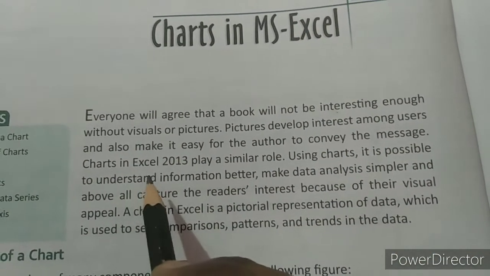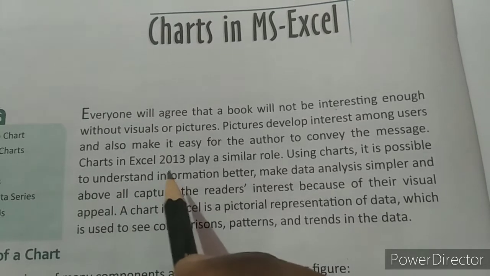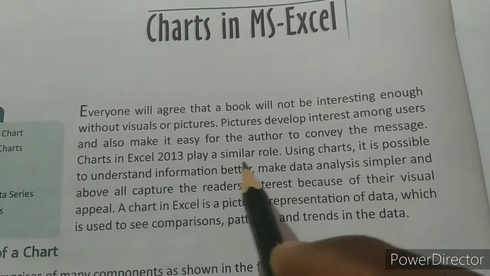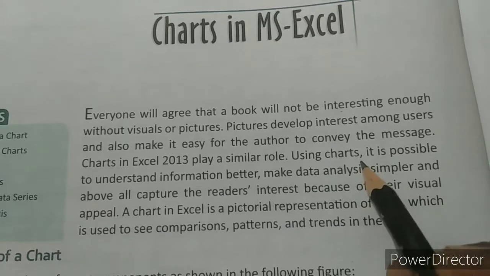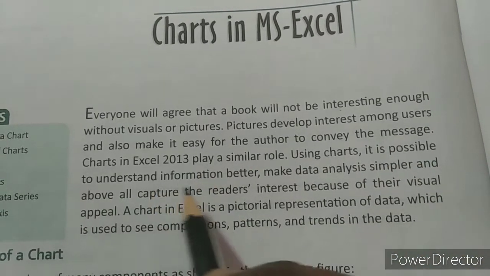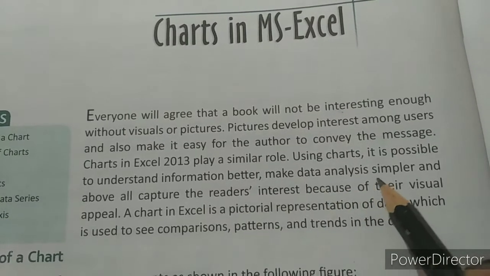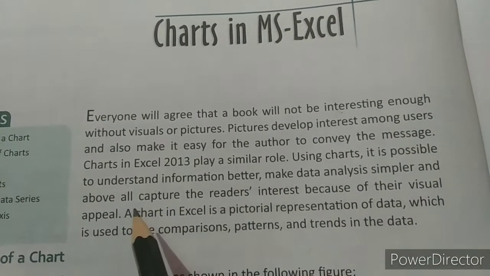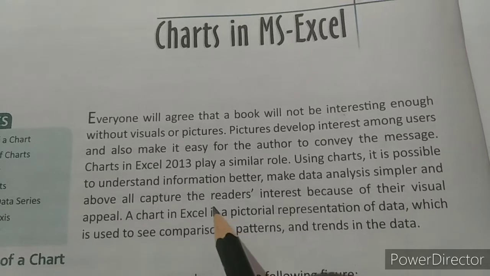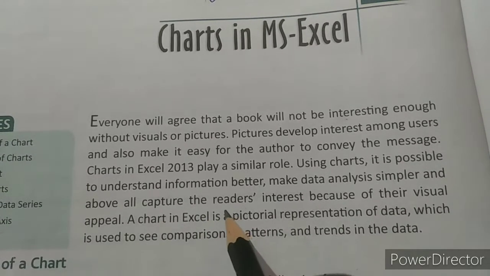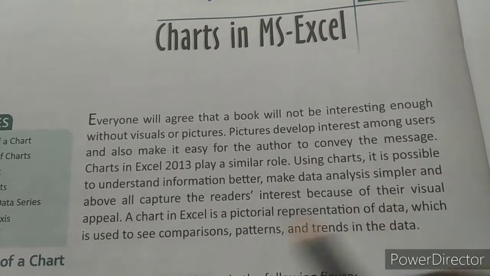Charts in Excel 2013 play a similar role. Using charts, it is possible to understand information better, make data analysis simpler, and above all capture the reader's interest because of their visual appeal.